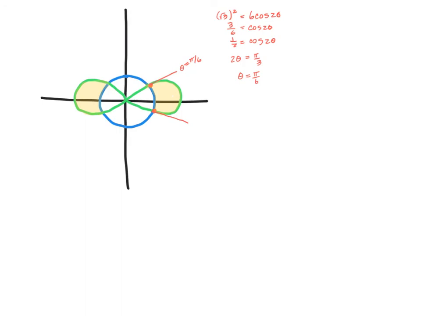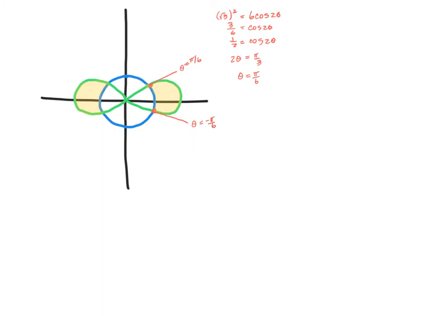Now that would mean that this theta value here, which is actually 11 pi over 6, but remember, we have to go from small to large. So that's actually negative pi over 6. But I don't want to have a negative limit of integration because I just don't want to deal with it.